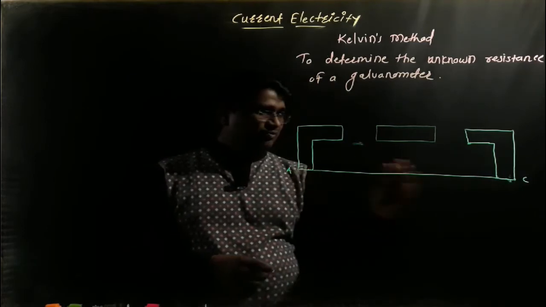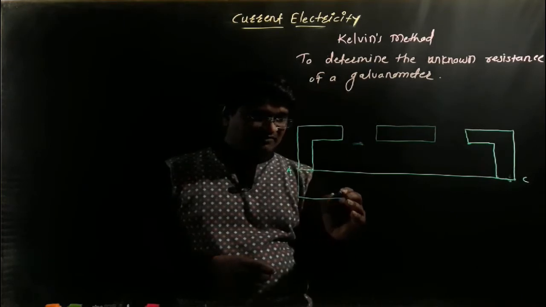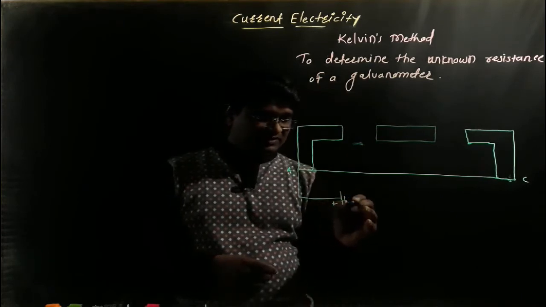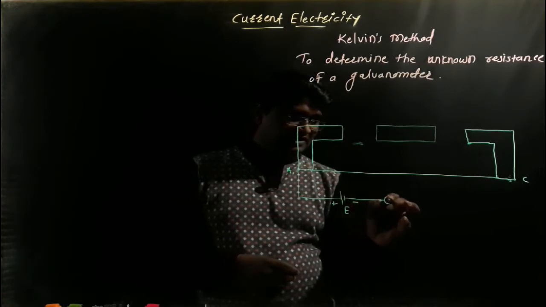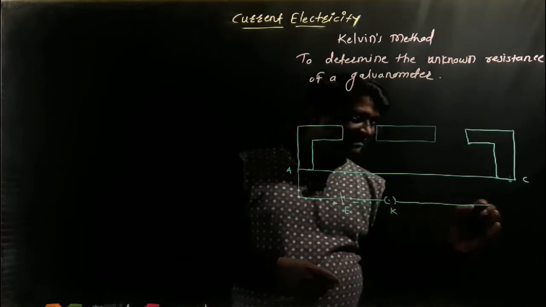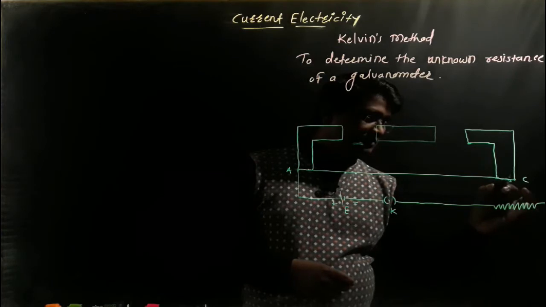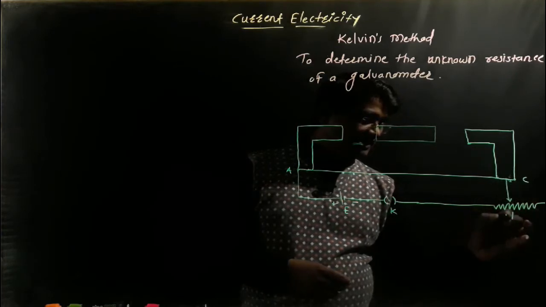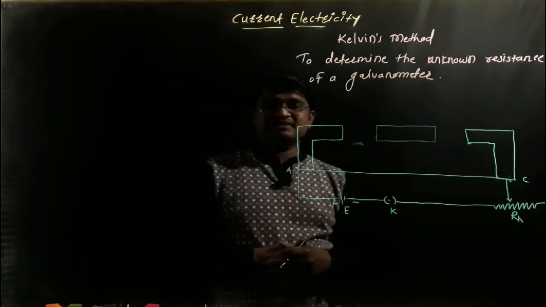Between the points A and C, there is a cell of EMF E, then a key K, and the rheostat RH, connected in series with the wire AC.